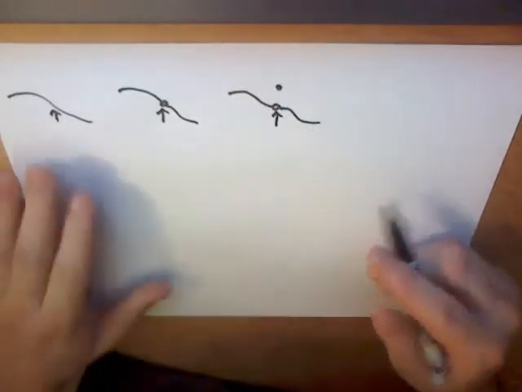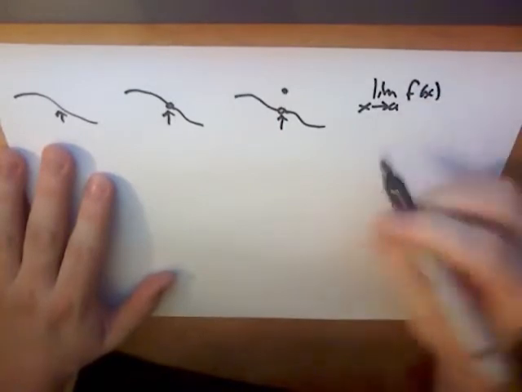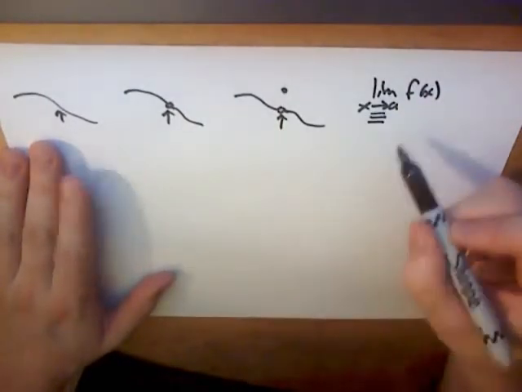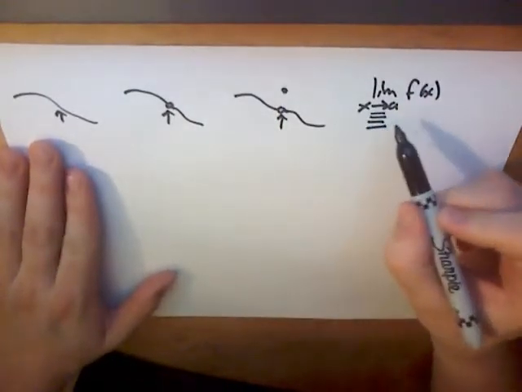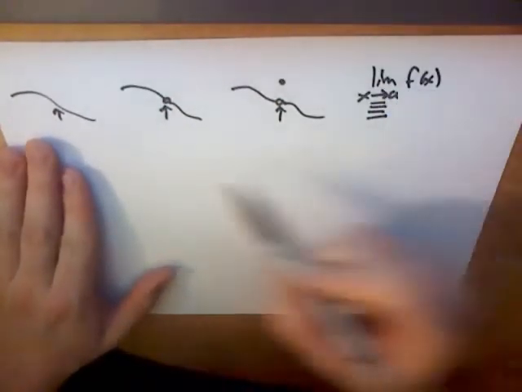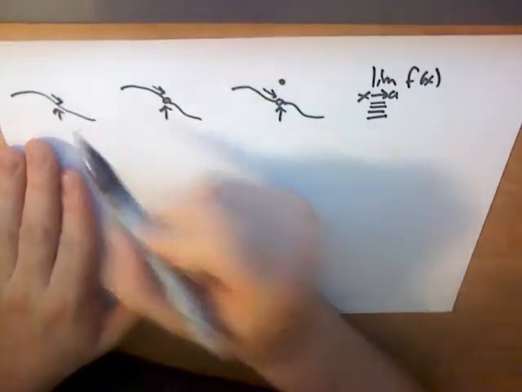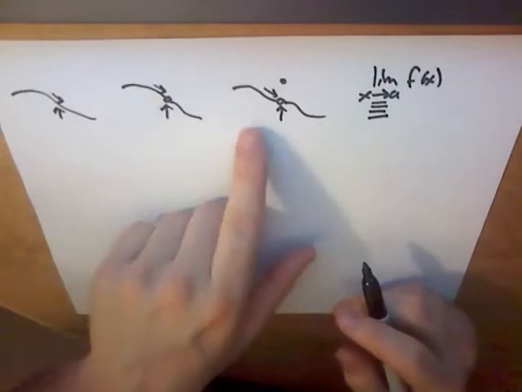The limit of f of x as x approaches a, and the big part of that is that it's approaching a. It's not actually at a. It's what does f of x tend to as we get closer. And as we get closer in each graph, we're getting closer to the same thing.